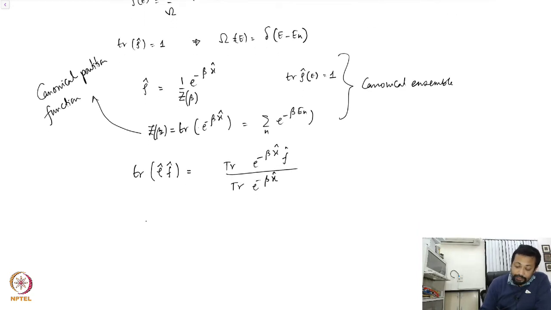And if I want to calculate the average of the Hamiltonian, I substitute f hat as H hat, which gives the average energy.